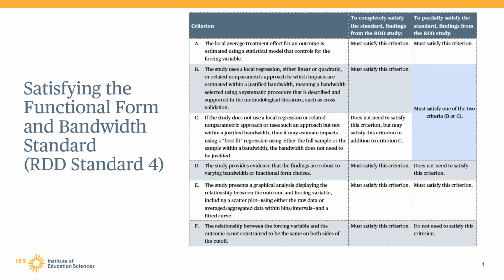Regardless of whether the authors used a local regression with a justified bandwidth or a best fit regression to partially satisfy the RDD standard 4, the authors must report a graphical analysis displaying the relationship between the outcome and forcing variable. Otherwise, an RDD study finding does not satisfy the functional form and bandwidth standard. We now will describe each of these criteria in greater detail.